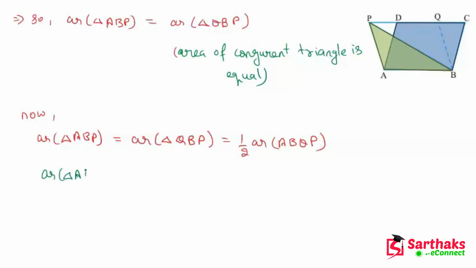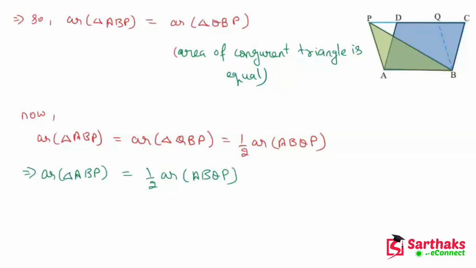So area of triangle ABP is equal to half of the area of parallelogram ABQP. Now we know that area of ABQP is equal to the area of parallelogram ABCD from equation 1.